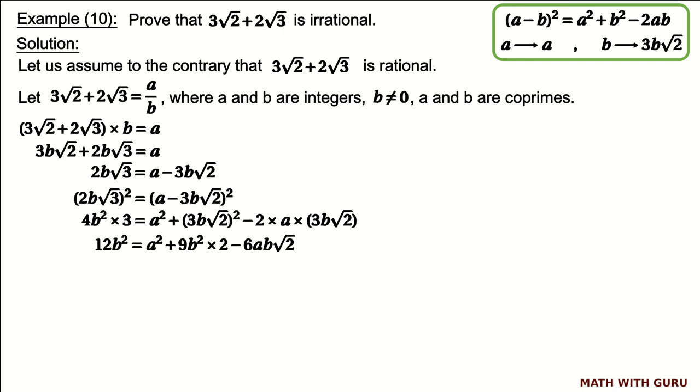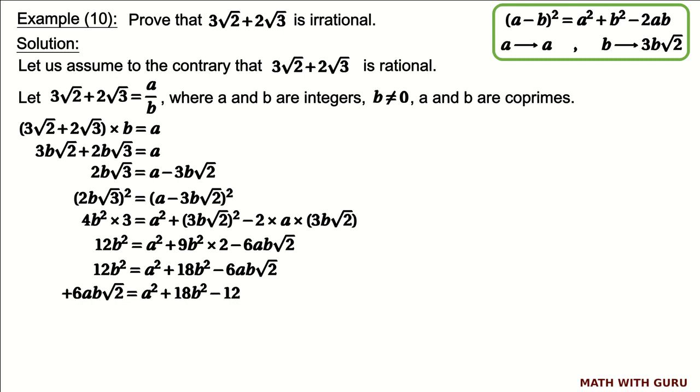Root 2 into root 2 is 2. 9b squared into 2, then minus 6ab root 2. 12b squared equals a squared plus 18b squared minus 6ab root 2.